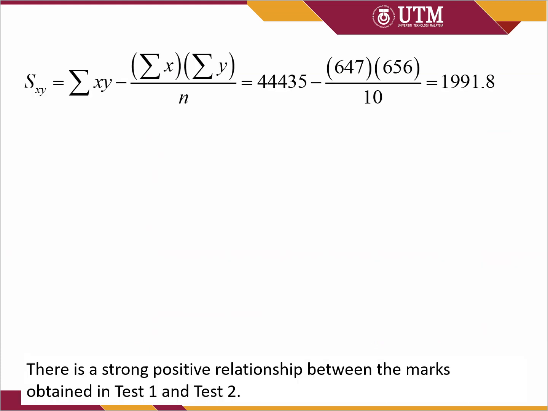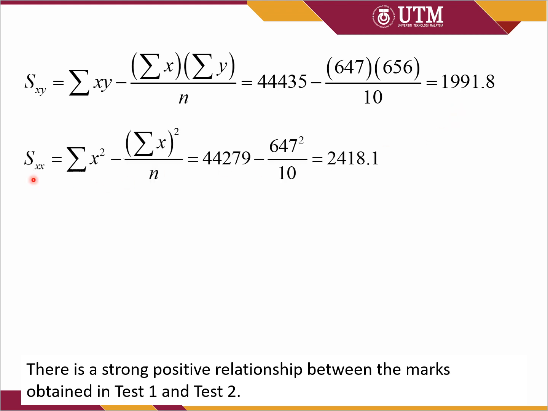Alright, so from these values, we can find the Sxy, given that the summation of xy is equal to 44435 minus the summation of x, which is 647, times the summation of y, which is 656, over the total sample, which is equal to 10. So Sxy is equal to this.